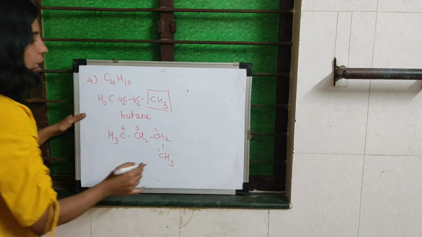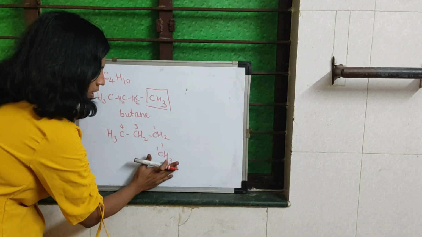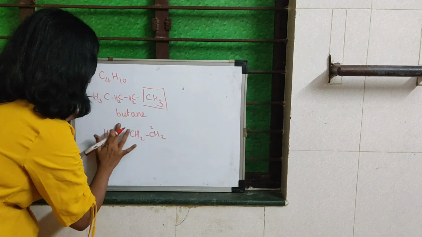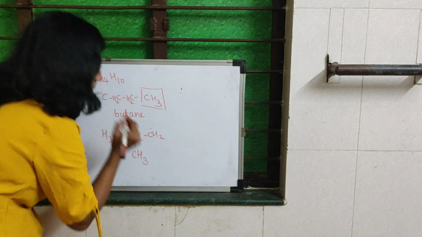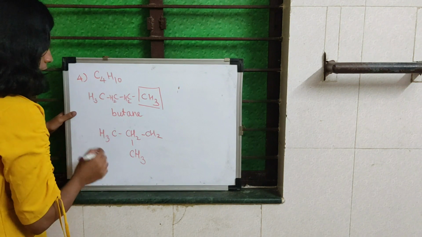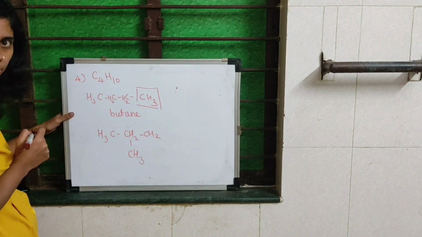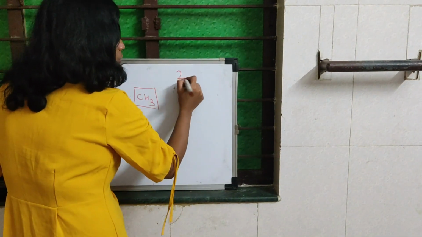But now instead of putting it on the first carbon, if I put this methyl group on the second carbon, then it becomes a different compound. Now it has 3 carbons on the main chain and a methyl group at the bottom. So butane will have 2 isomers.